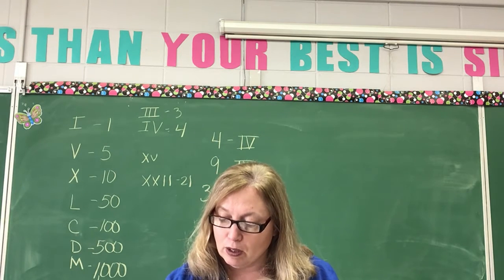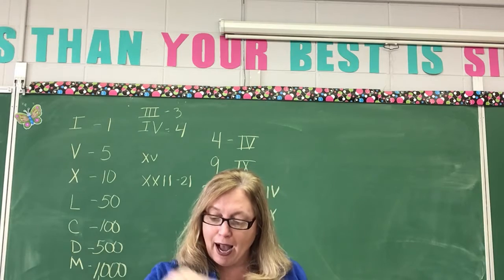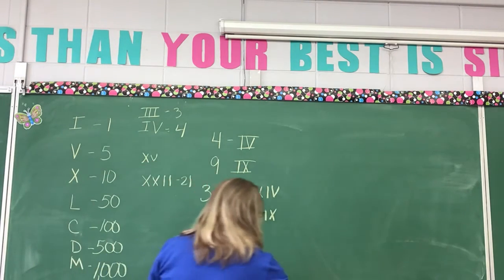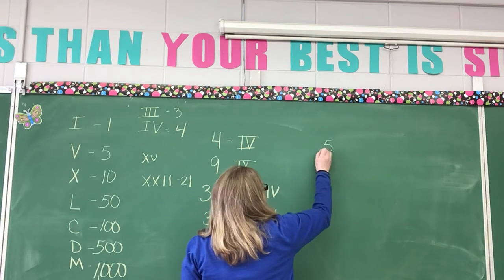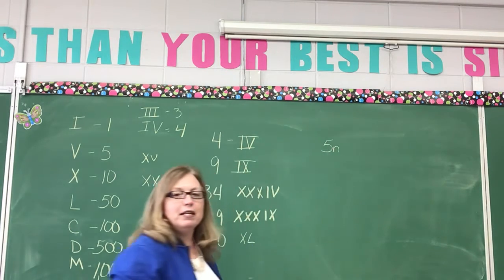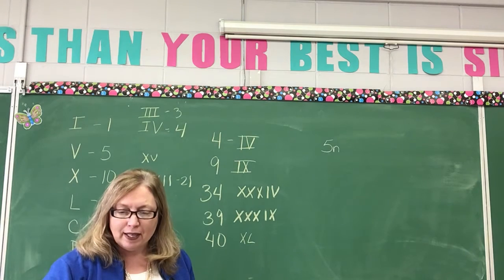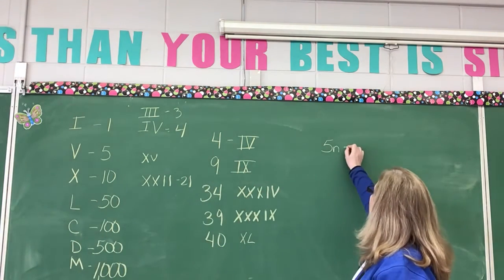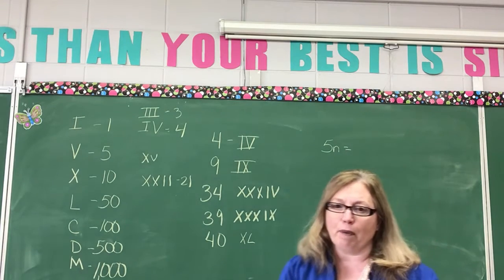Okay, now let's take this one at a time. 5 times a number. Well, that's pretty simple to write. 5n means 5 times a number. Then it says is, so we're going to put an equal mark. Now let's look at the second part.